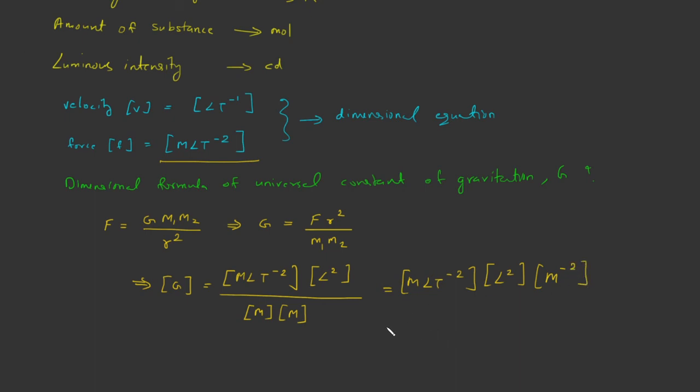We can solve this: M into M raised to minus 2 is M raised to minus 1, L into L square is L cube, and T raised to minus 2. So the dimensional formula of G is M raised to minus 1, L cube, T raised to minus 2.